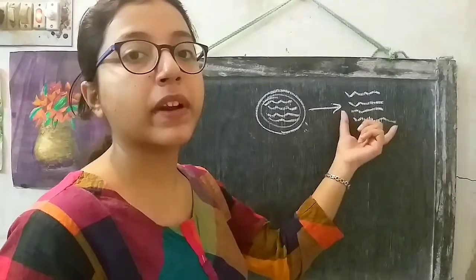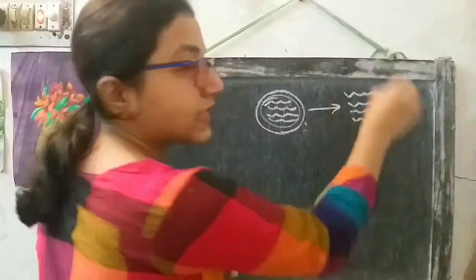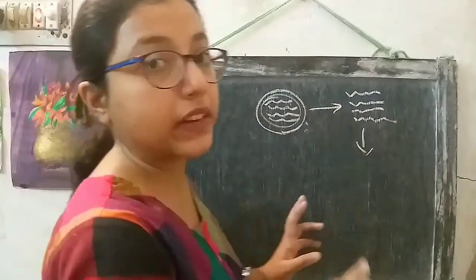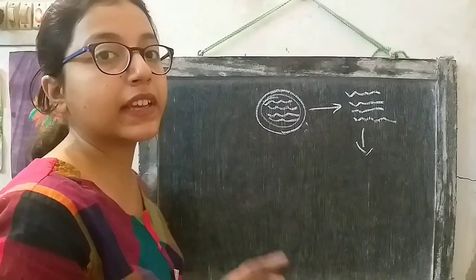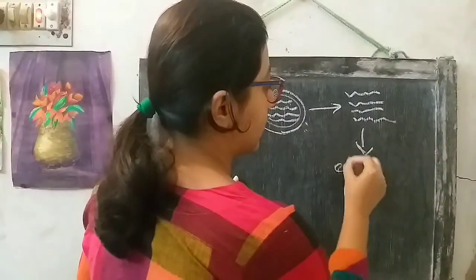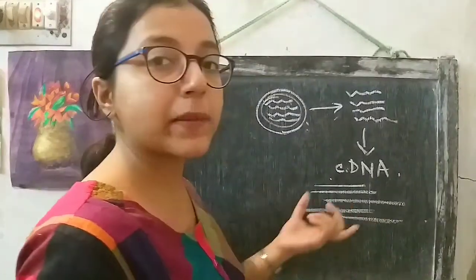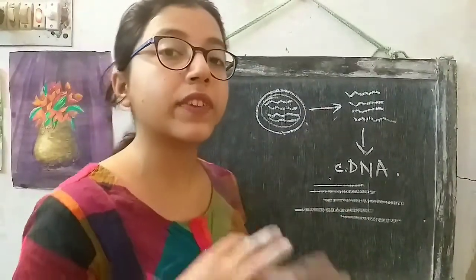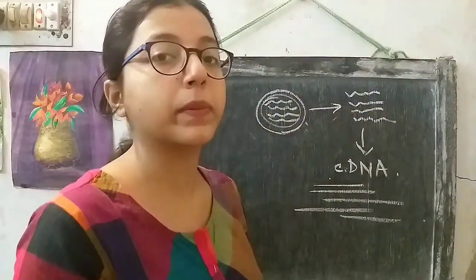These sets of mRNAs are now converted into cDNAs. The entire set of thousands of mRNAs is converted into cDNA. So different types of cDNAs, of different lengths and different nature, will be obtained.